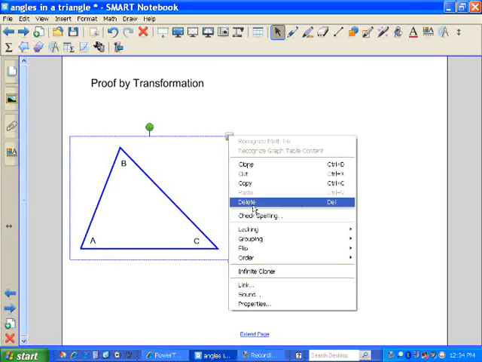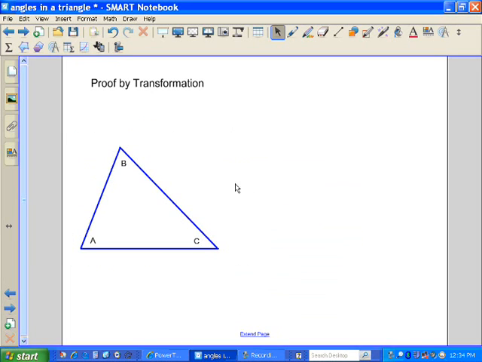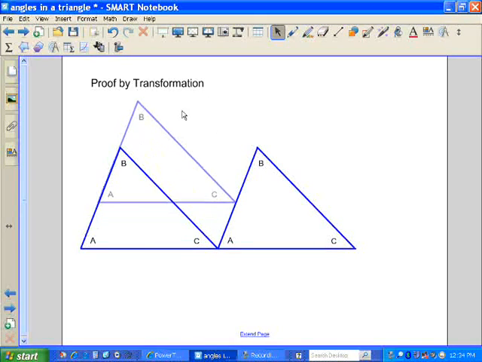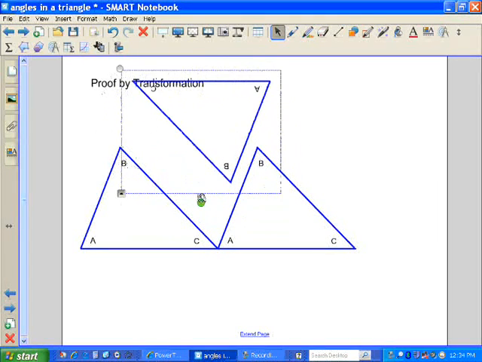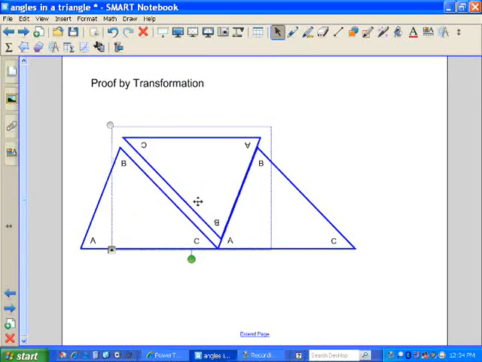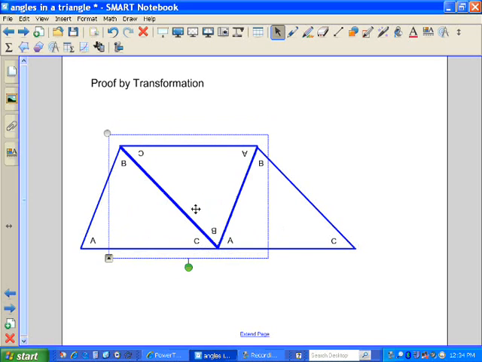So when I do a proof by transformation, I'm going to take this triangle right here. I'm just going to line it up right there next to it so that these two make one straight solid line. I'm going to take another copy of it, and this one I'm going to have to play with a little bit. Turn it upside down. And it should squeeze right in there.